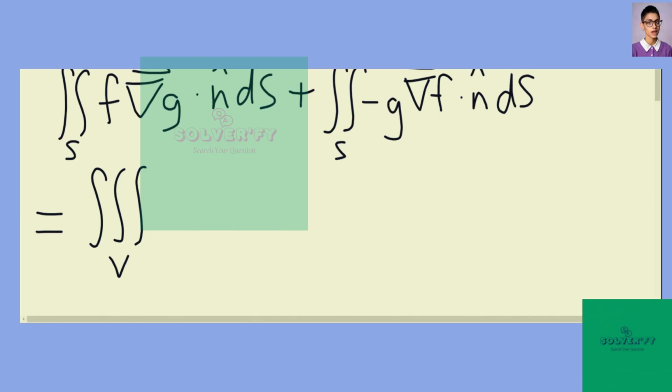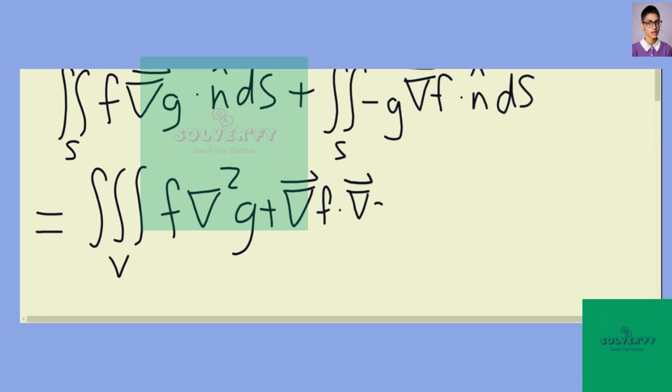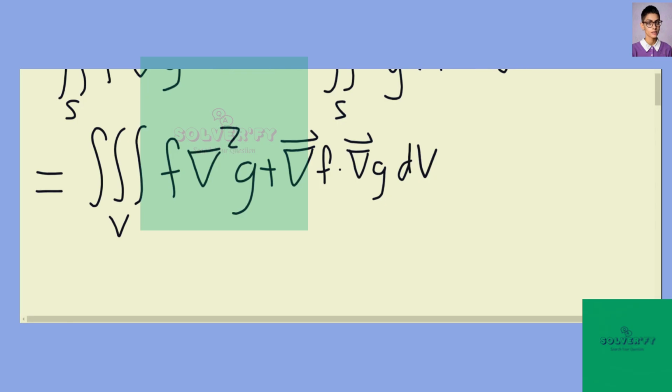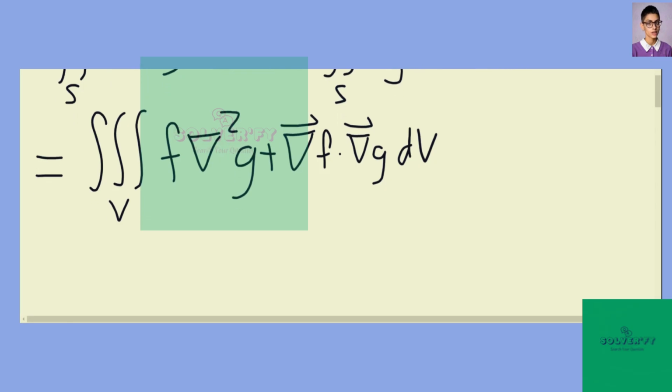So we have f Laplacian of g plus the gradient of f dotted into the gradient of g dV.